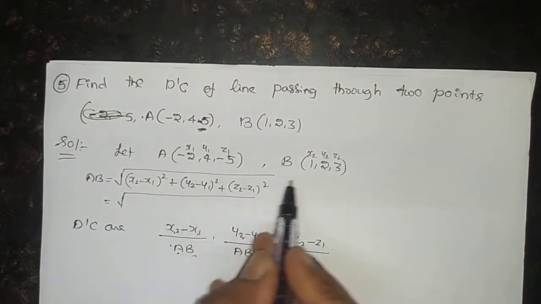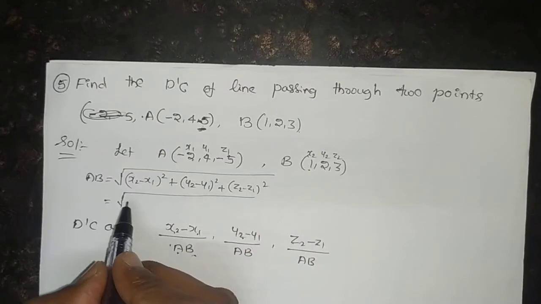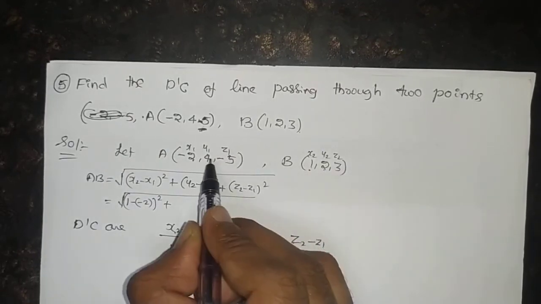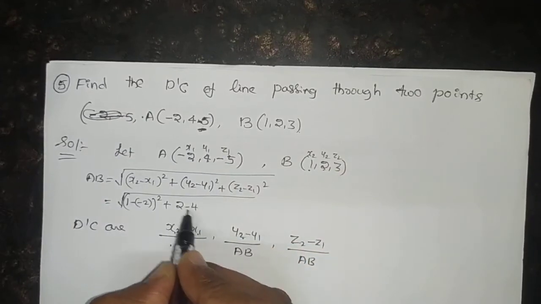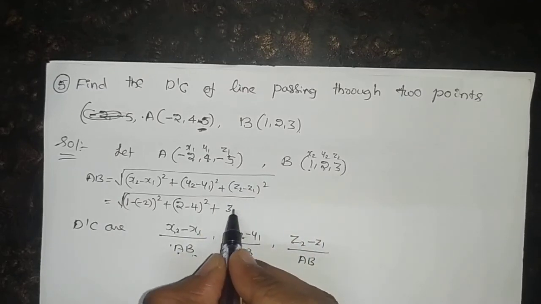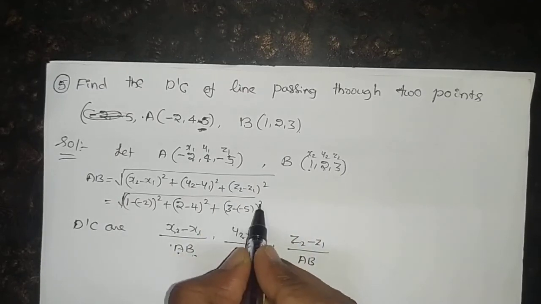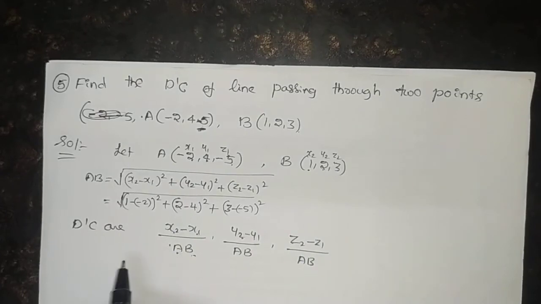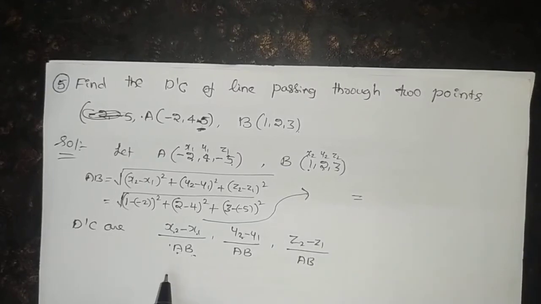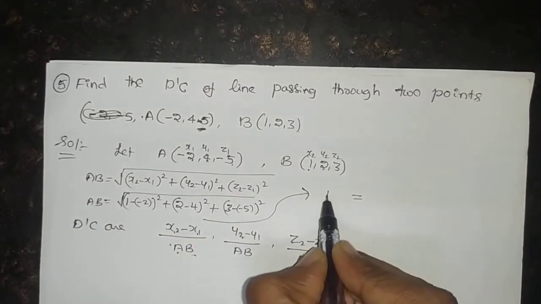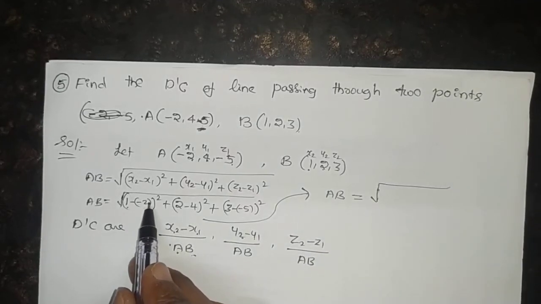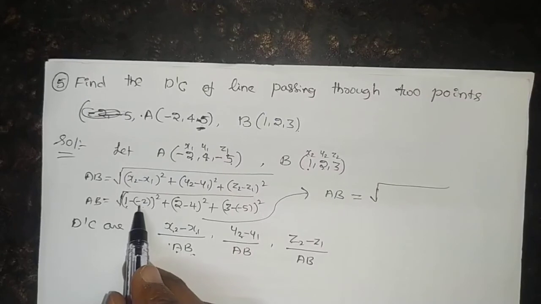Square root of (1 minus of -2) whole square plus (2 minus 4) whole square plus (3 minus of -5) whole square. Right? Are you clear? Now AB equals the square root of, simplify it. 1 minus of -2 is 1 plus 2 is 3, 3 square is 9.